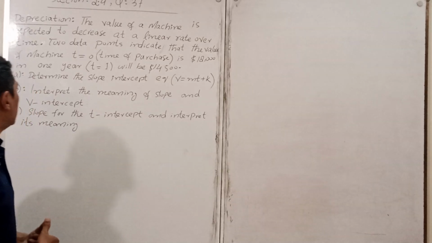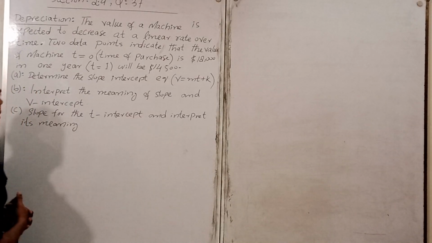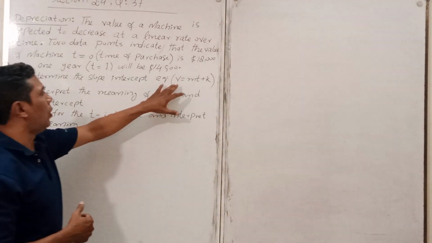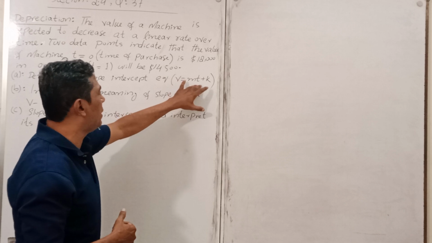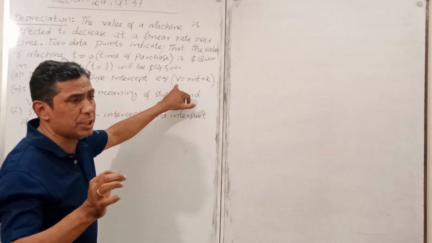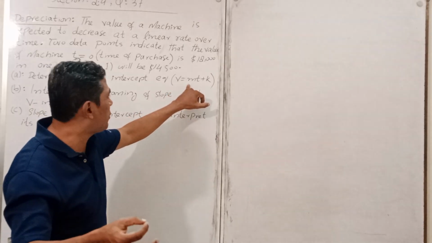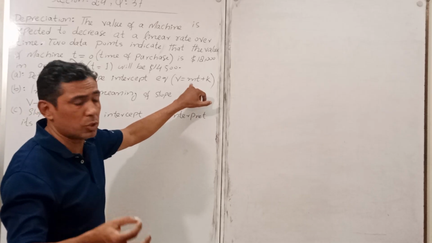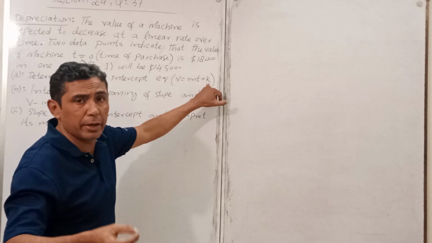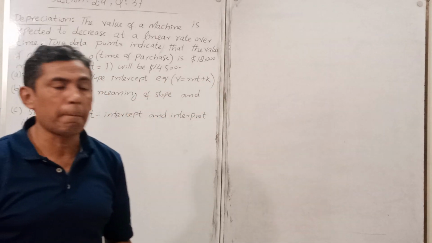It becomes $14,500. The requirement in this question is to determine the slope intercept equation in this form: v equal to mt plus k. What does it mean? V represents the value of the machine, which depreciates over the period of time. M represents the slope, t represents the time period, and k is the intercept value, meaning the v intercept is k.